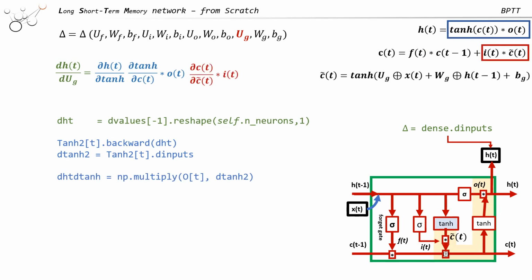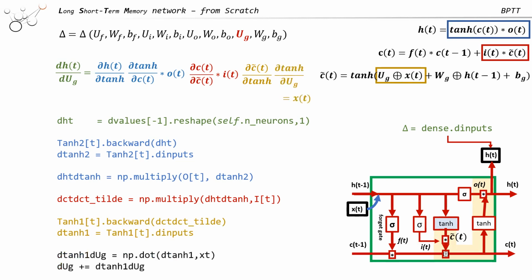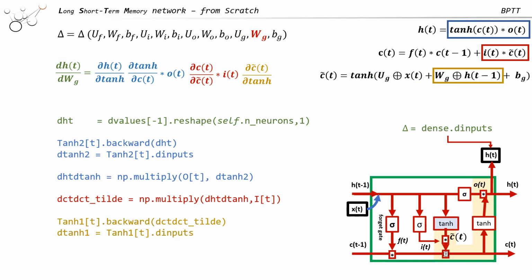C tilde is multiplied with IT, so we have to multiply this with IT element-wise, and then the inner derivative of the tangents hyperbolicus times xt, and for WG it's times HT minus 1, and for the bias it's again just adding up the last derivative, because the innermost derivative just gives us a 1.